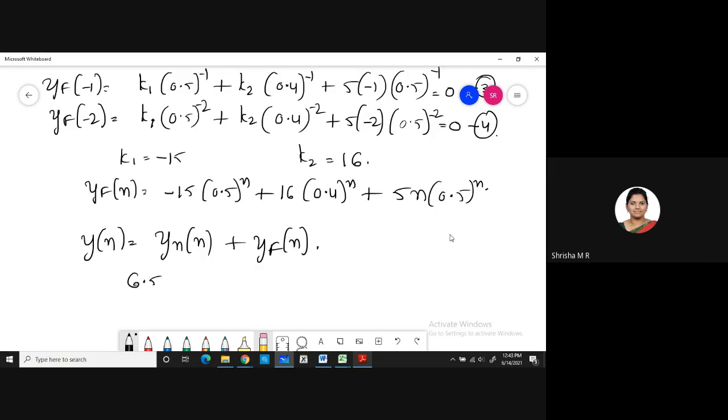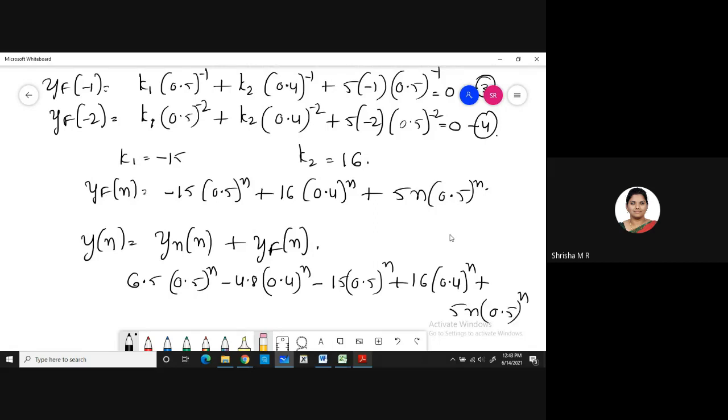So it is 6.5 into 0.5 to the power of n minus 4.8 into 0.4 to the power of n minus 15 into 0.5 to the power of n plus 16 into 0.4 to the power of n plus 5n into 0.5 to the power of n. Whichever you can solve, you solve that. This you can solve and you can solve this. And tell me the final answer.